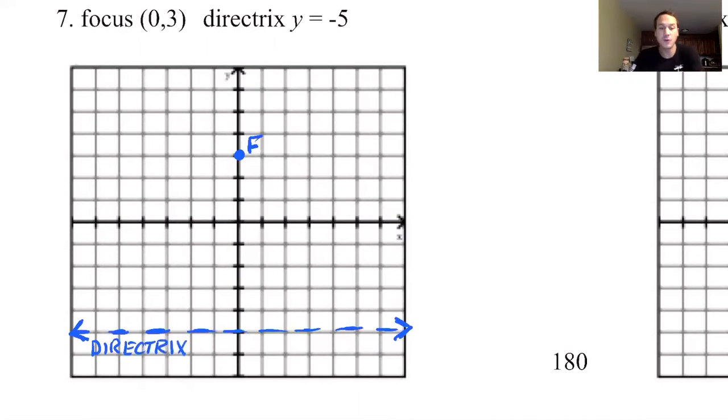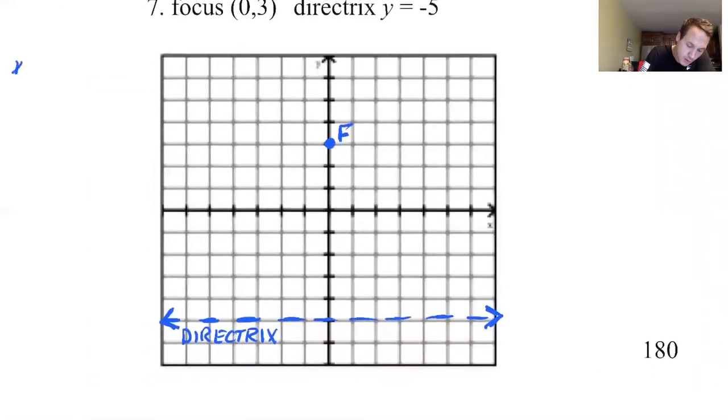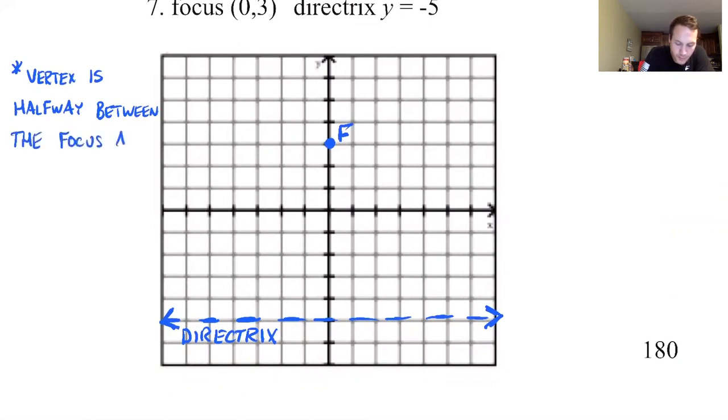If I only give you the focus and the directrix, you need to be able to find the vertex still. The way that we do that is we have to understand that the vertex is halfway between the focus and directrix.